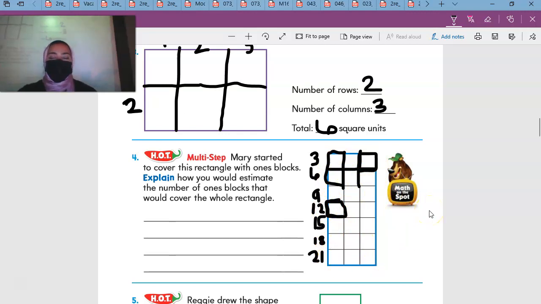If you want to go back to the baby way of counting, I guess you could do that in this problem, but you're going to get harder problems sometimes where there's 150 or 428, and that's going to be crazy to count by ones. That's why I'm teaching you how to skip count. But if you wanted to count it by ones, you could have done that too. 1, 2, 3, 4, 5, 6, 7, 8, 9, 10, 11, 12, 13, 14, 15, 16, 17, 18, 19, 20, 21.